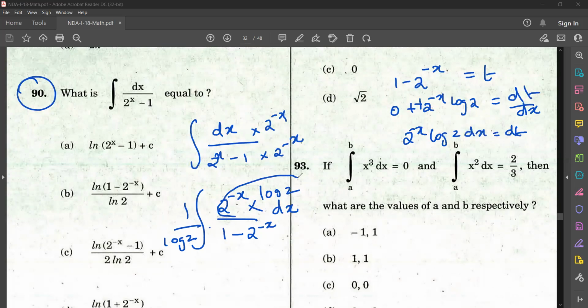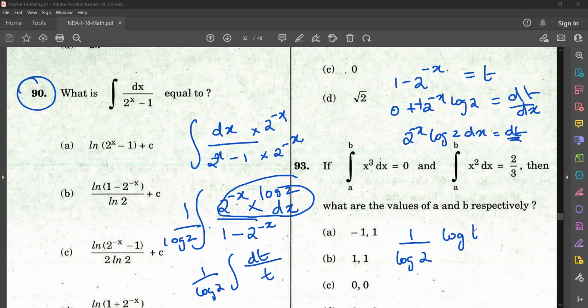Now see, this portion became dt. So my question changed to 1 by log 2 times the integral of dt by t. What is the integration of 1 by t dt? That is log t. So it is 1 by log 2 log t plus c. Understood? Now replace t. t is 1 minus 2 raised to minus x, plus c.